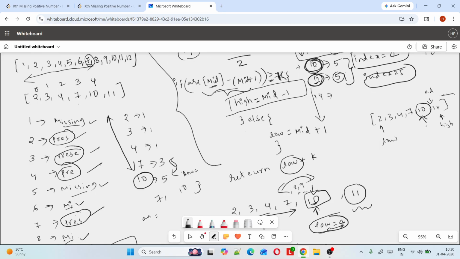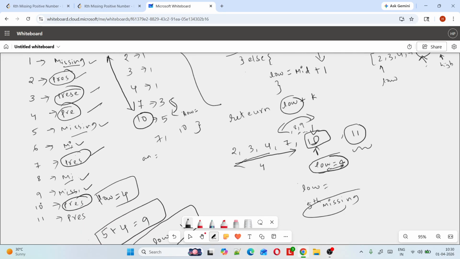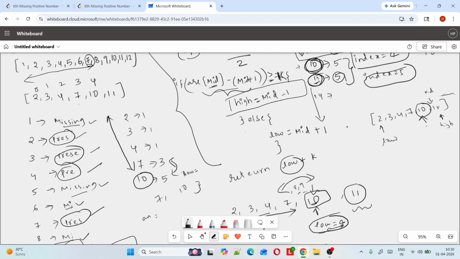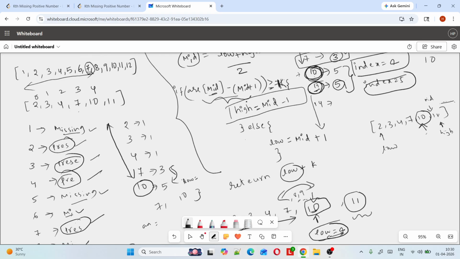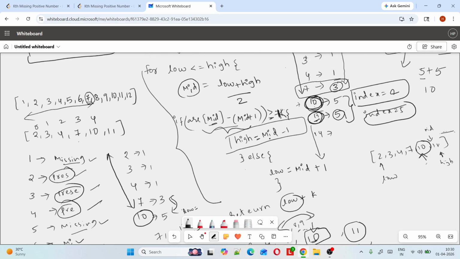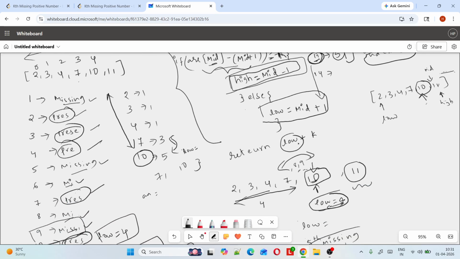But our answer is 9. So you have to return the first index. To get the first index, you have to move the pointers: high equal to mid minus 1 and low equal to mid plus 1, and you return low plus k.